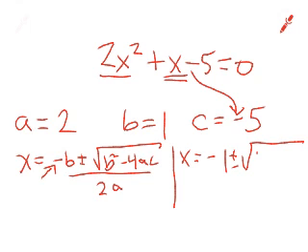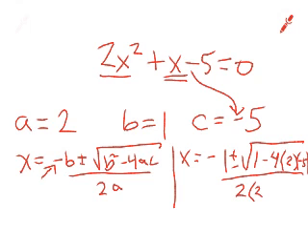B squared is just going to be 1 minus 4 times a, and then times the c, which is that -5. And all of this is going to be over 2 times a. So all I've done is I've just taken these three numbers right here and put them into their various letter values in this formula.